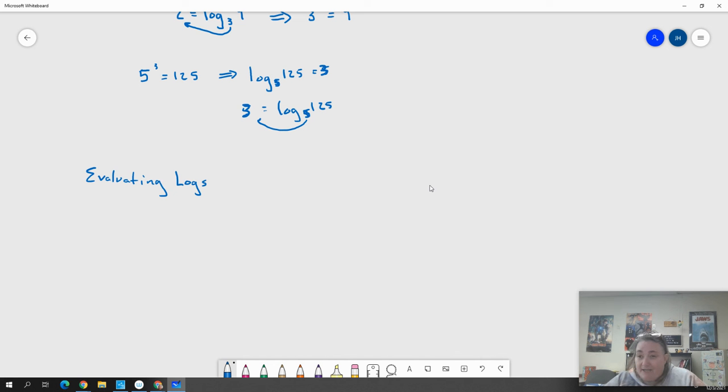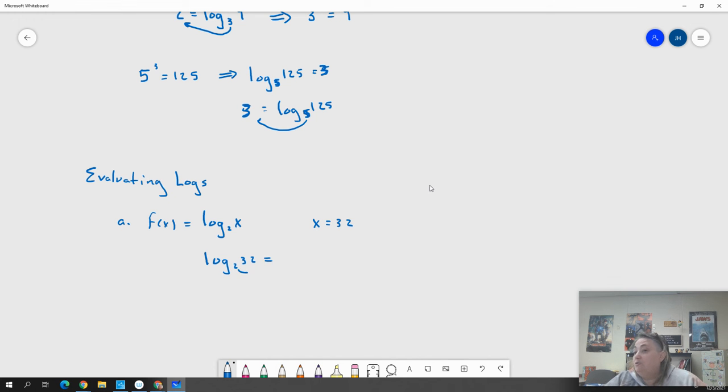But if I have, say, let's do problem A, f of x equals log base 2 of x, and we're saying that x equals 32, we want to know, well, if I have log base 2 of 32, what is that going to equal, right?